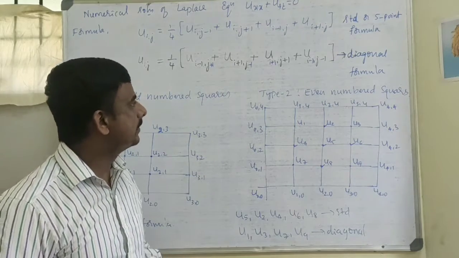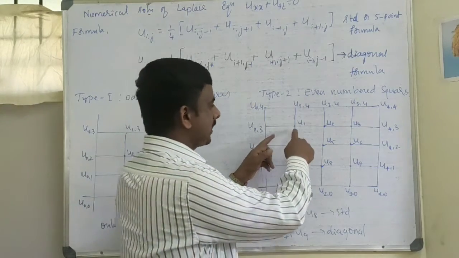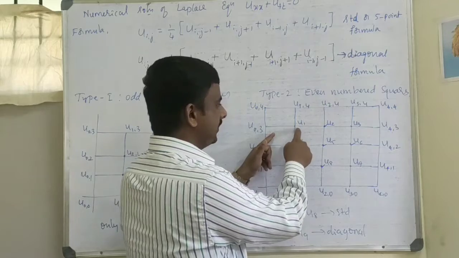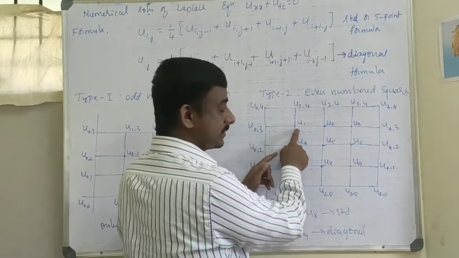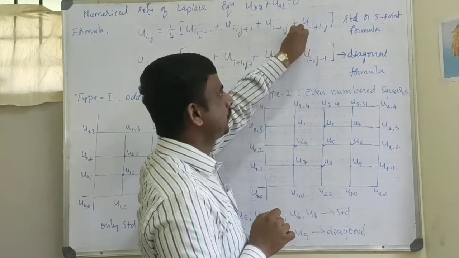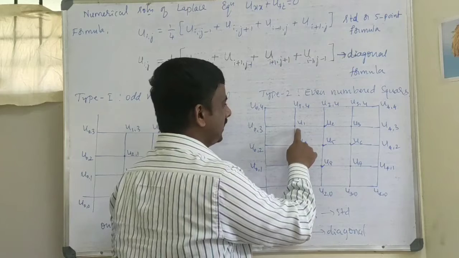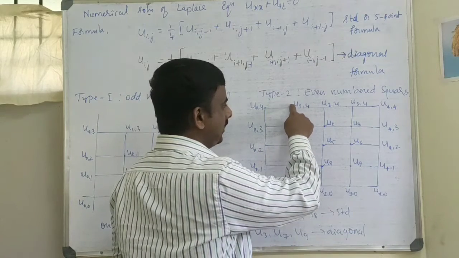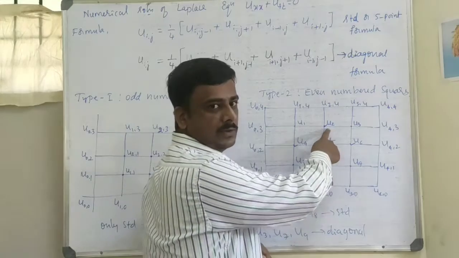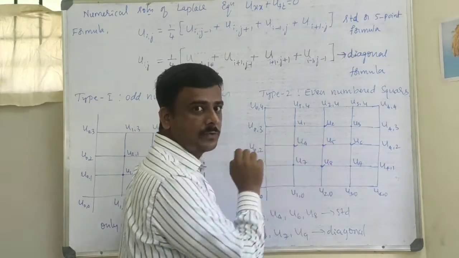So what do we mean by standard formula and diagonal formula? Suppose I want to find this value u1. If I apply the standard formula, then u1 will be this value plus this plus this plus this, all divided by 4. That is the standard formula, taking the average of the coordinates.